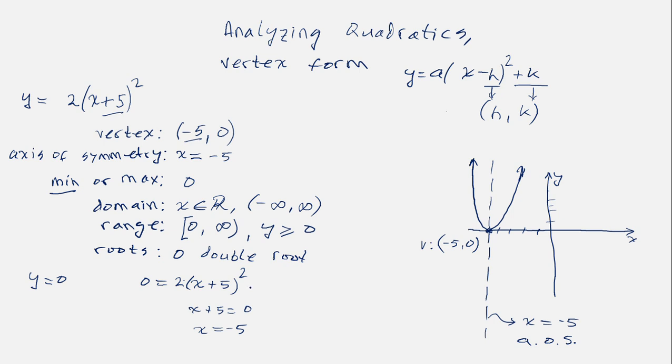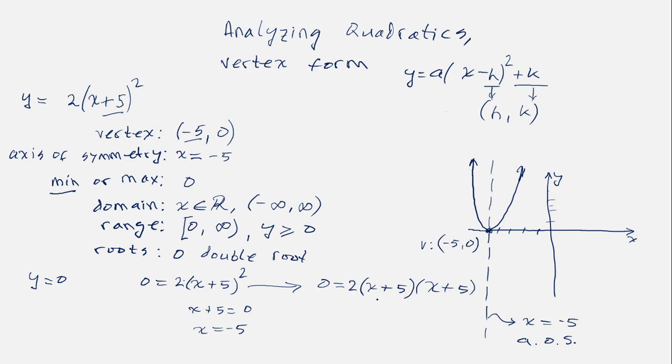Another way to go about this would be to actually get this in so-called root form or factored form. See, the square here tells us there are 2 of these multiplying each other. So we would have x plus 5 that multiplies x plus 5, right? That means the same thing as (x plus 5) squared.